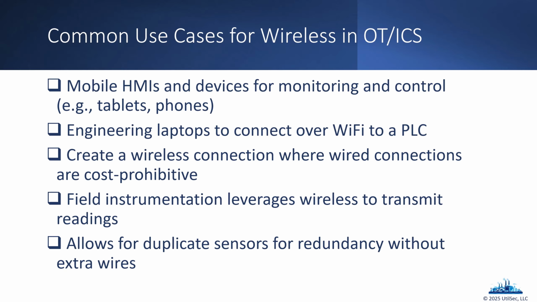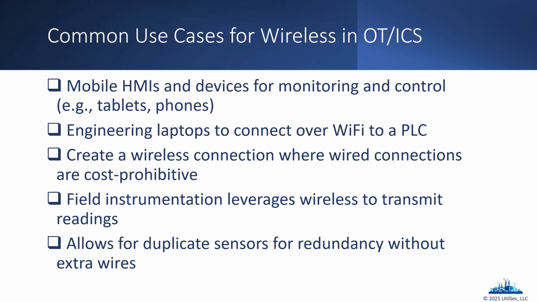I start to look at field instrumentation, and sensors now have wireless capabilities. So you don't have to run cables, right? You don't have to have physical wires. And then the nice thing is, what if instead of having just one sensor out in the field, there's a problem with that sensor, or that sensor crashes or dies?